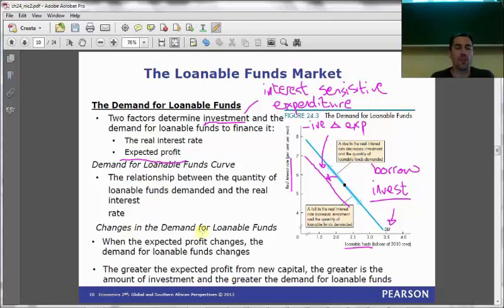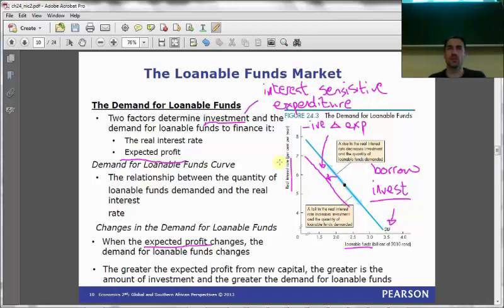Changes in the demand for loanable funds, well, changes in demand would mean it's either shifting to the left or it's shifting to the right. What would cause it to shift to the left or to the right? When expected profits change. Okay? So when we have a change in the expectations about future profits, that shifts our demand curve either to the left or to the right. In other words, a change in expected profits will change the quantity of loanable funds demanded at any given interest rate.